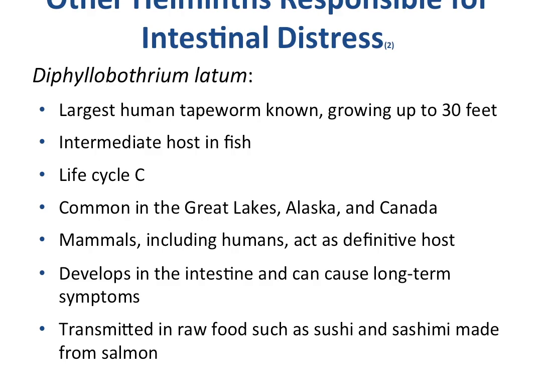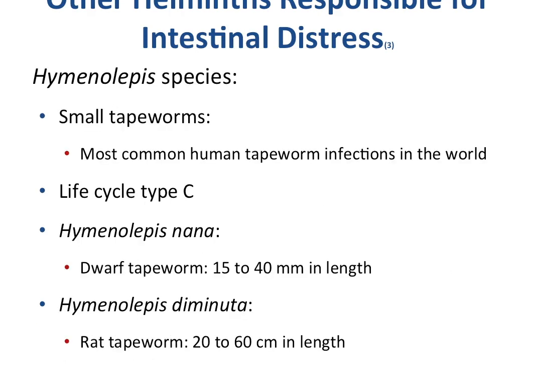The human actually is the definitive host. The worms invade the intestine and cause long-term symptoms. Transmission is through raw food such as sushi and food made from salmon.